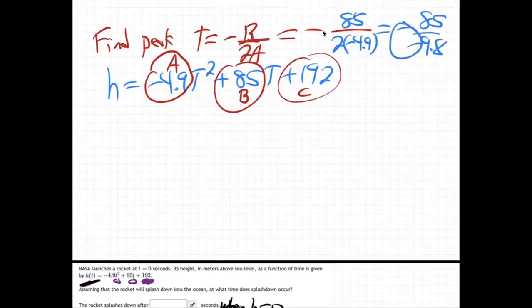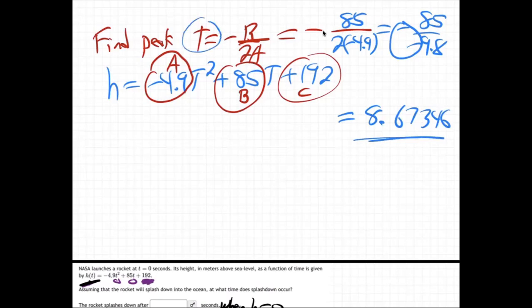We get these two negative signs, so it's going to be positive. Divide that on my calculator. I'm getting 8.67346. That's t.